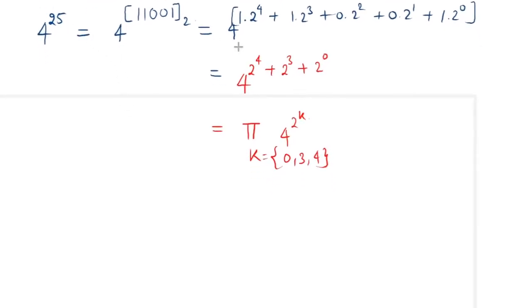And to understand how this can be broken down, there is another important property of exponents, which is a raised to b plus c can be written as a raised to b times a raised to c, which simplifies to 4 raised to 2 power 4 times 4 raised to 2 power 3 times 4 raised to 2 power 0, which is nothing but the product of 4 raised to 2 power k.